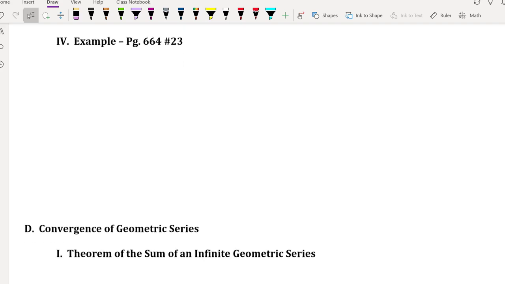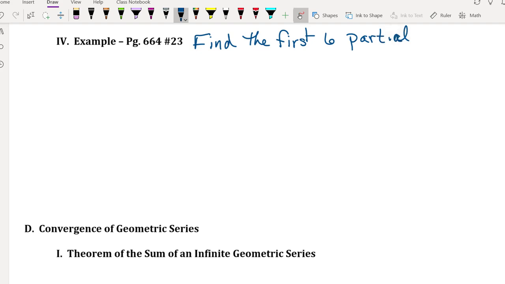So let's see that in an example. This is number 23 on page 664. We're supposed to find the first 6 partial sums. There are two parts to this.